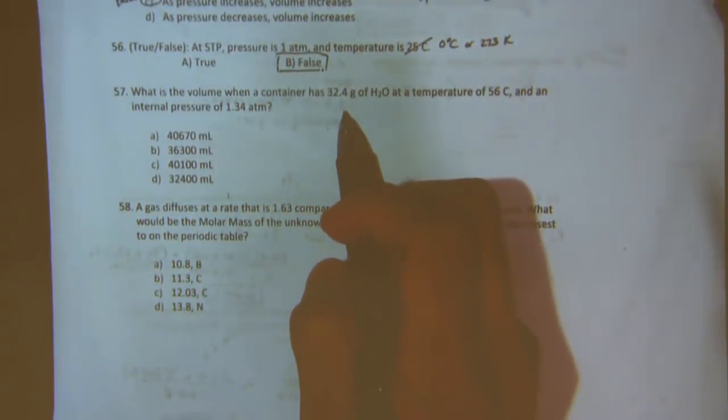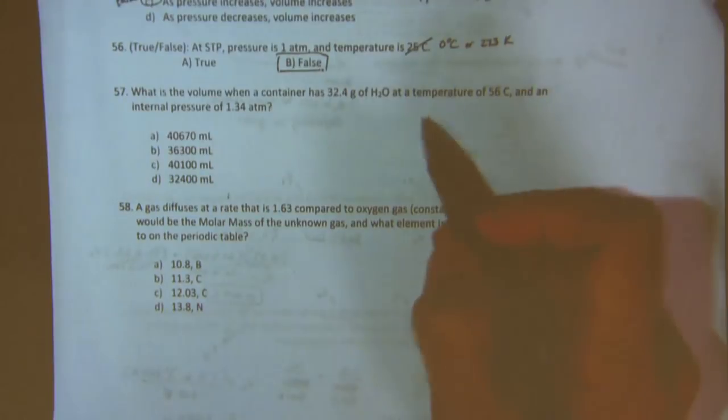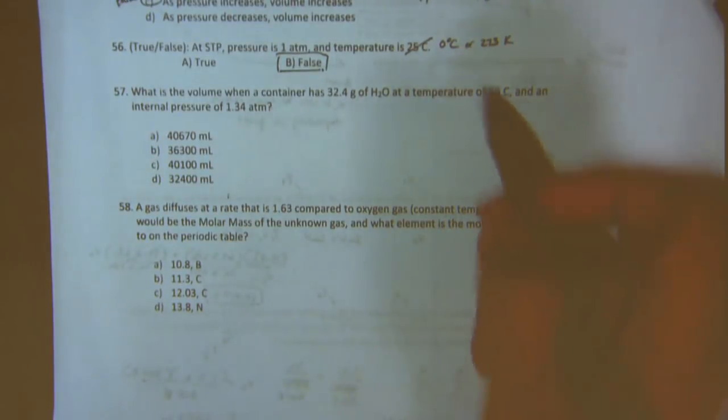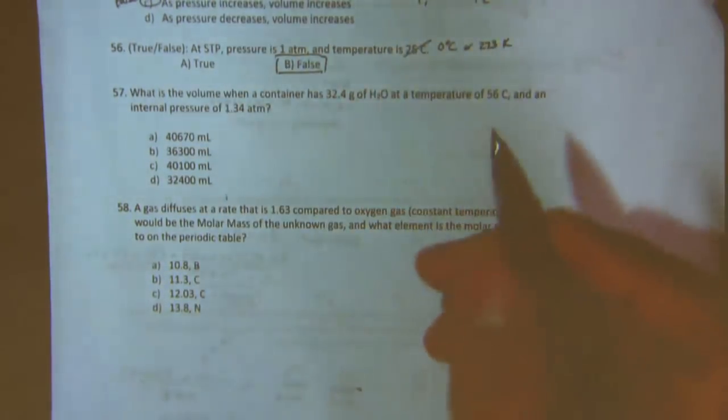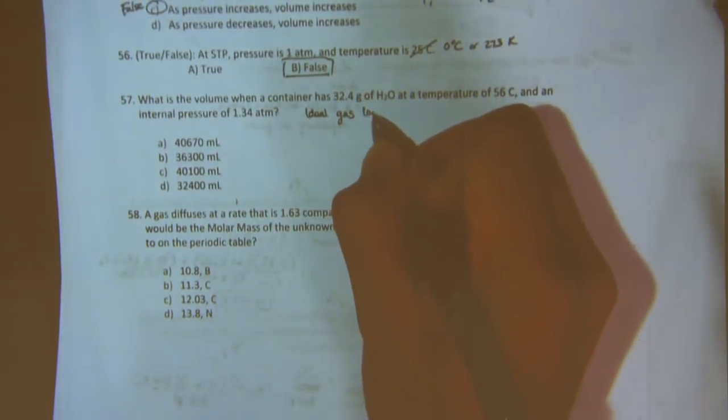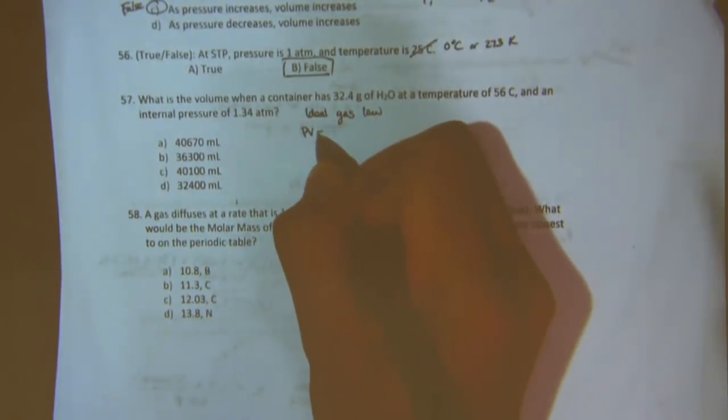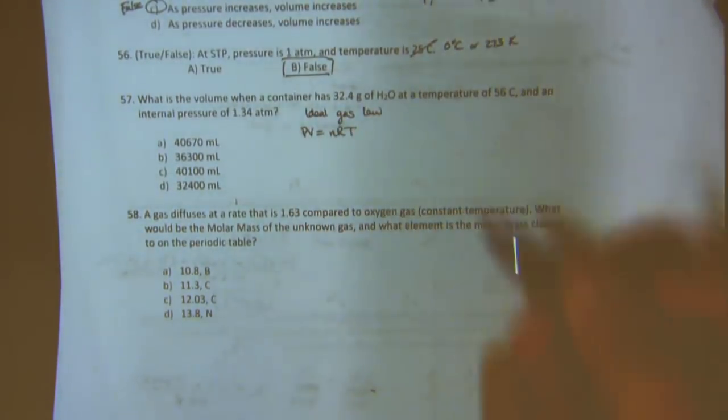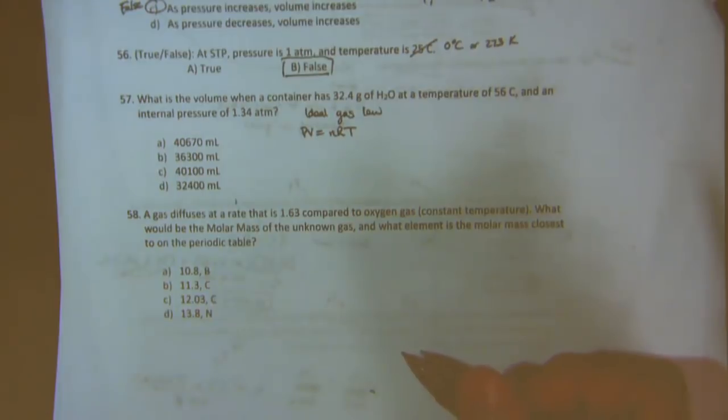So 57, when the volume of a container has 32.4 grams of water at a temperature of 56 degrees Celsius and an internal pressure of 1.34 atmospheres, what is the volume of the container? So for this one, we have to use our ideal gas law. And that relationship is PV equals nRT. So we have to do a couple things here.